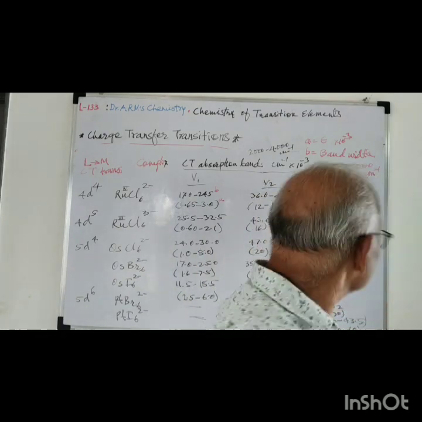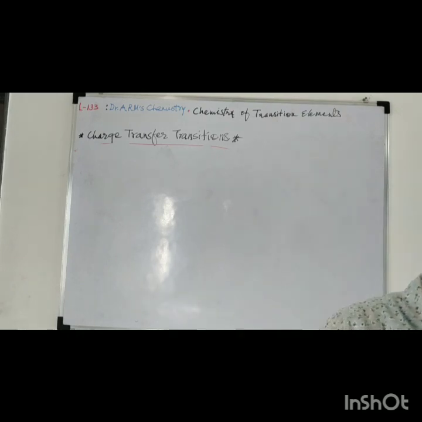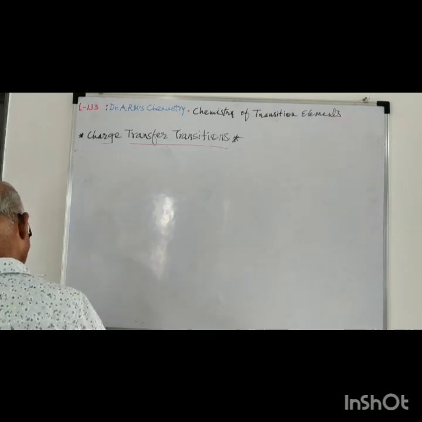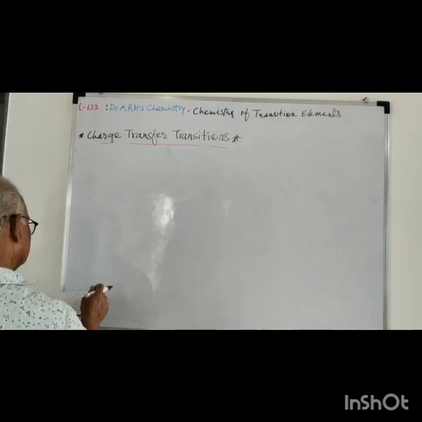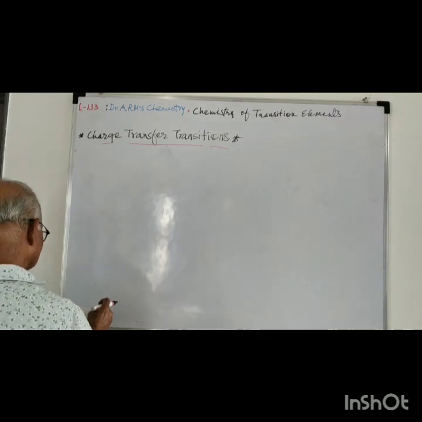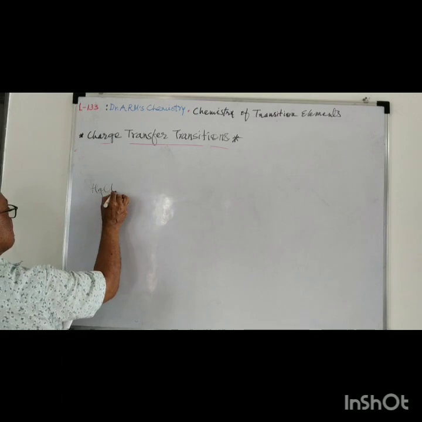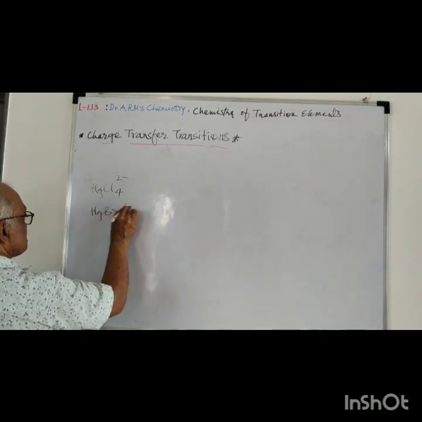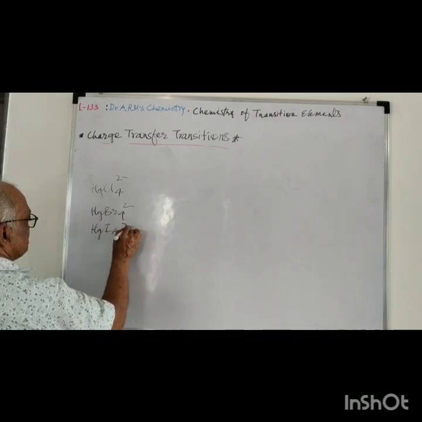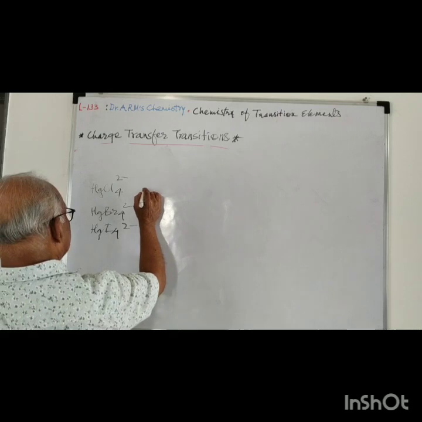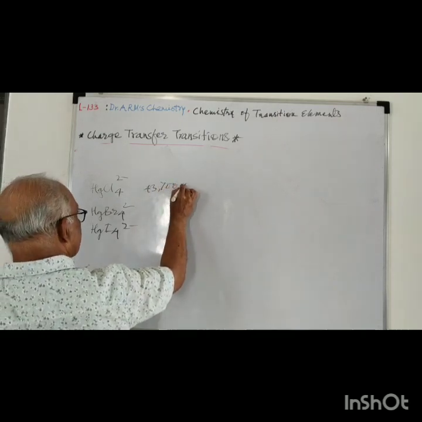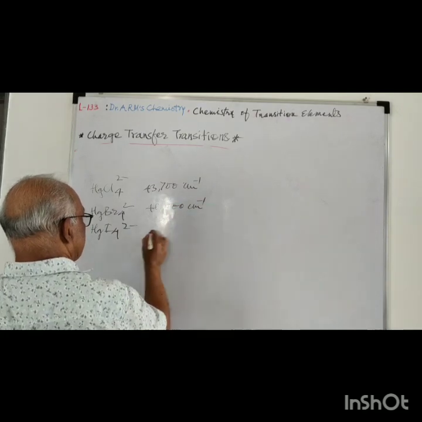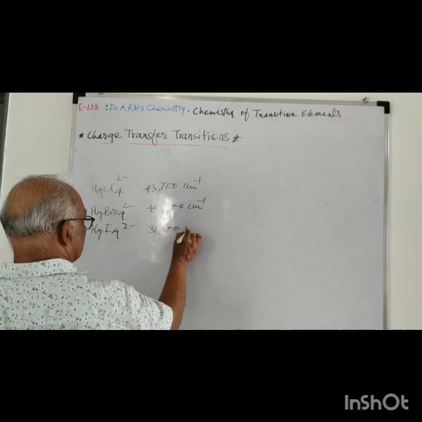So they will show the absorption bands at 43,700 per centimeter, at 40,000 per centimeter and at 31,000 per centimeter.